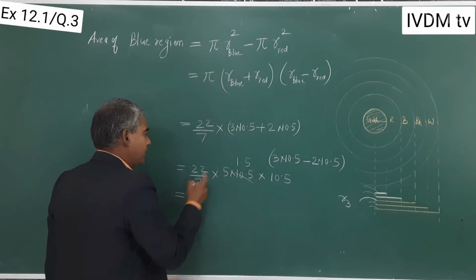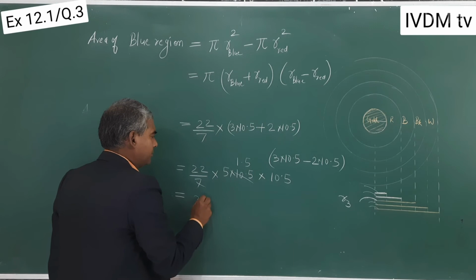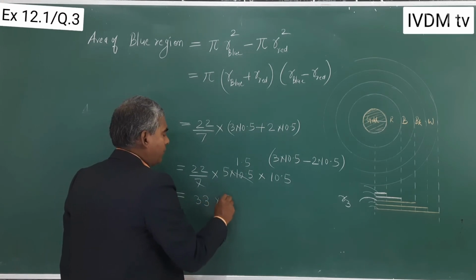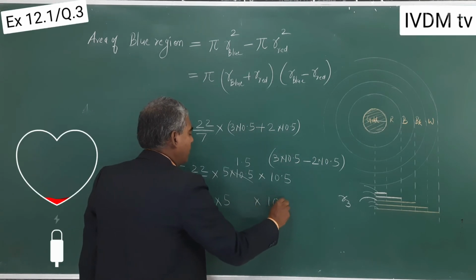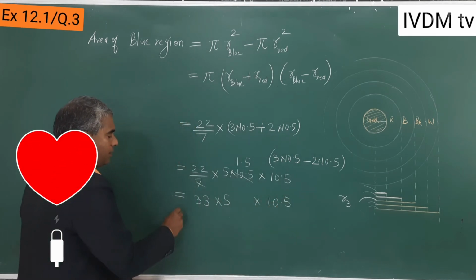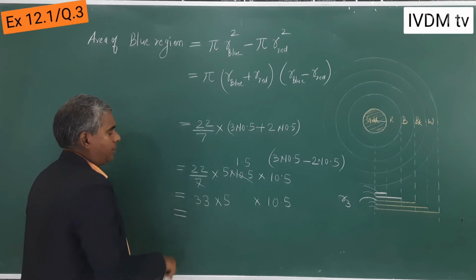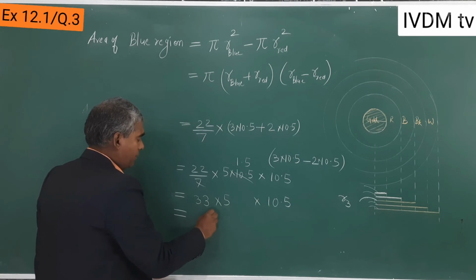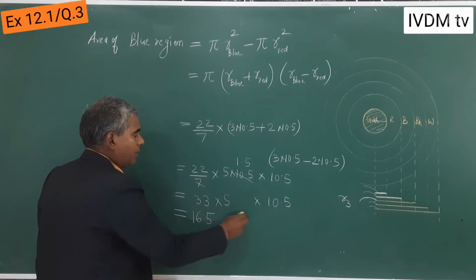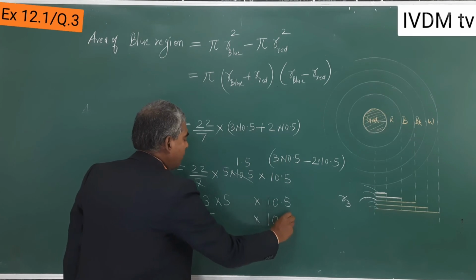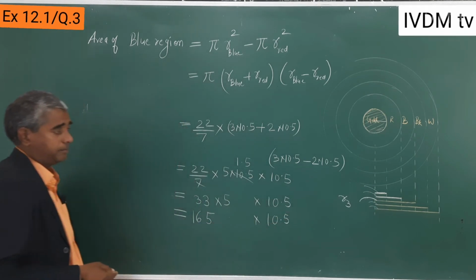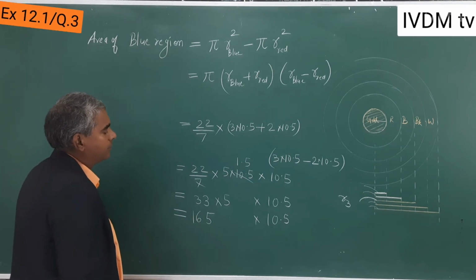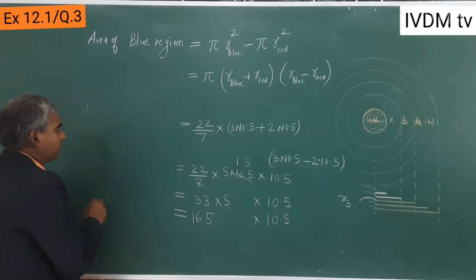This is 33 into 5 into 10.5. 5 threes are 15, and 1 is 16. Multiply 10.5. So multiplication work is here to get the actual answer.